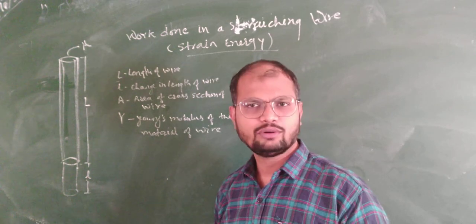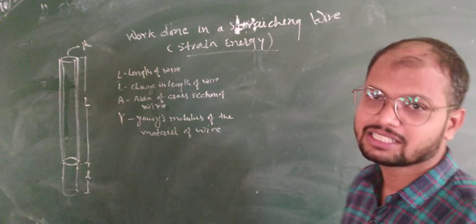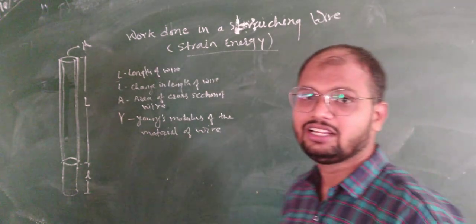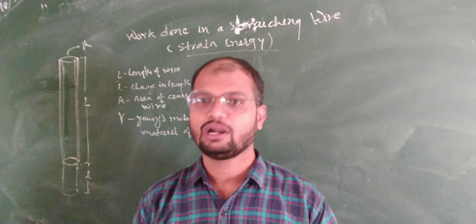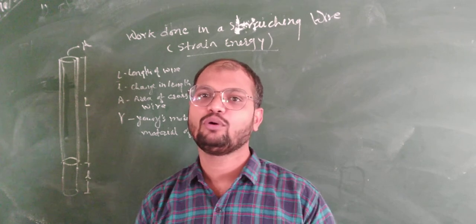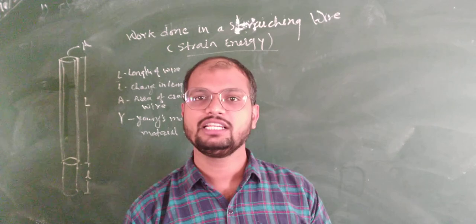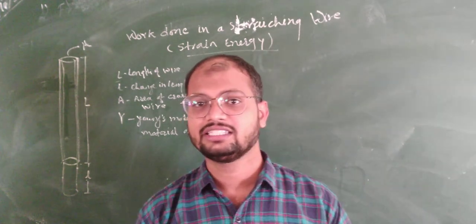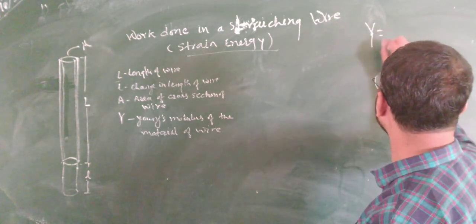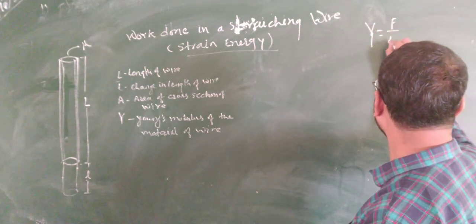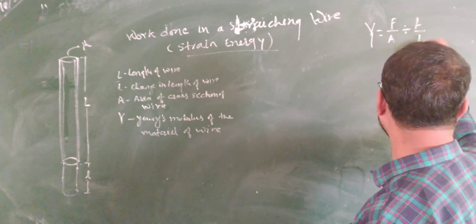What is Young's modulus? In the previous lecture we have studied all this. Longitudinal stress upon longitudinal strain is called Young's modulus. Longitudinal stress means force per unit area, and longitudinal strain means change in length to the original length. So Young's modulus is force per unit area divided by change in length upon original length.